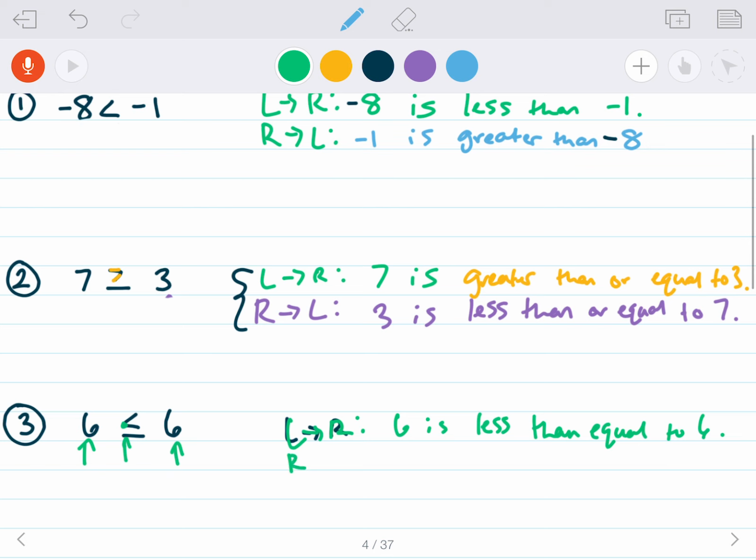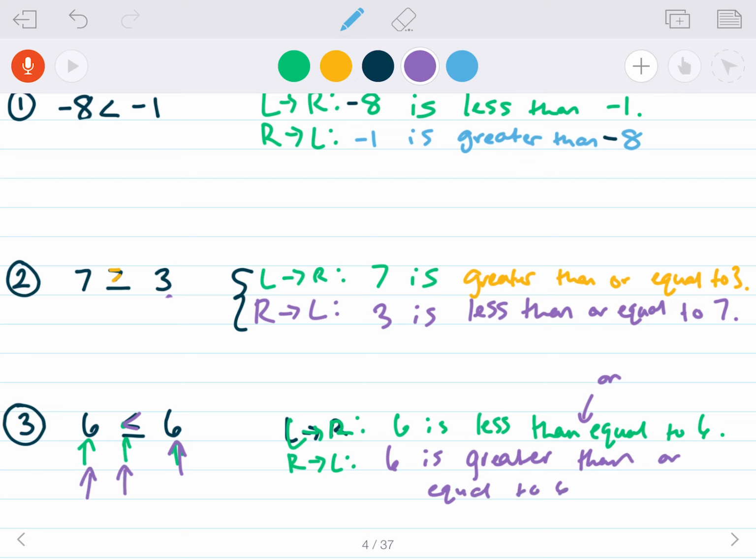Okay, from right to left, we start at this 6. 6 is, run into an open mouth, greater than or equal to 6. Okay, so that's reading it from right to left. Both of these things mean the same thing. 6 is less than or equal to 6, and 6 is greater than or equal to 6. And in these cases, they're both going to be equal to, because 6 is equal to 6.